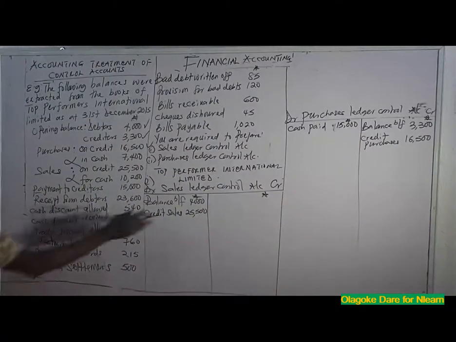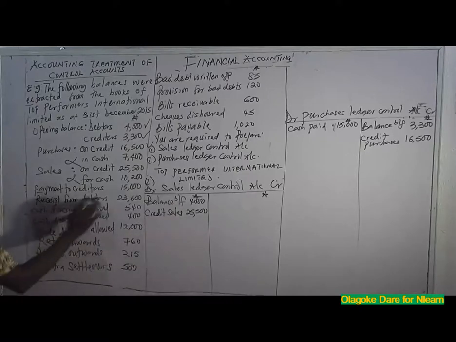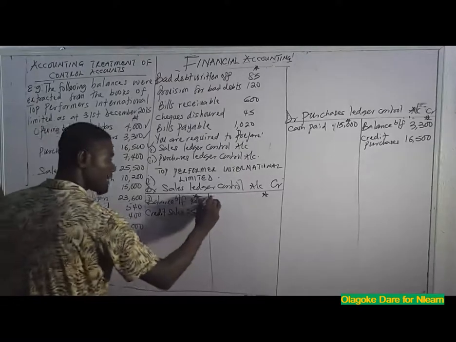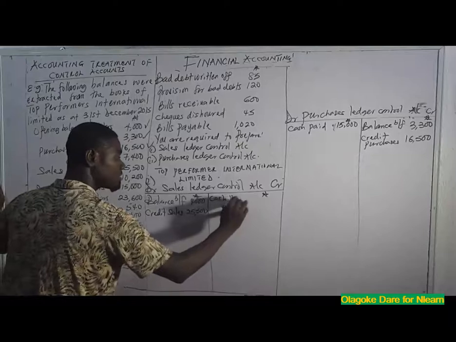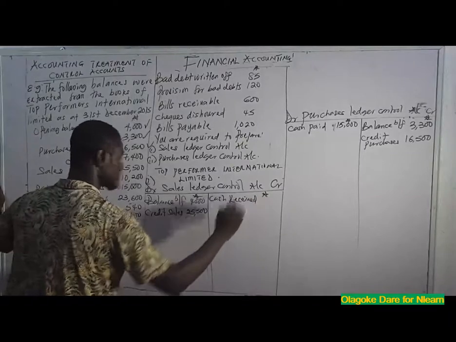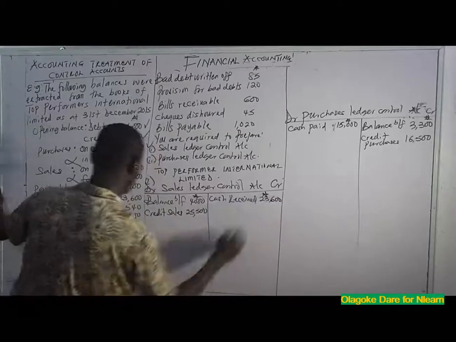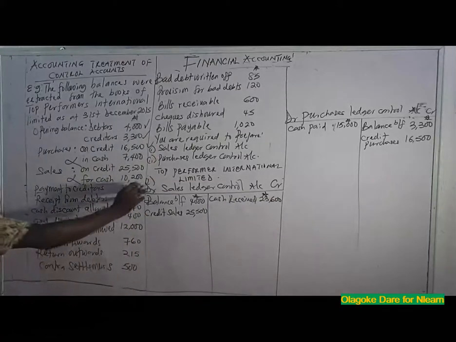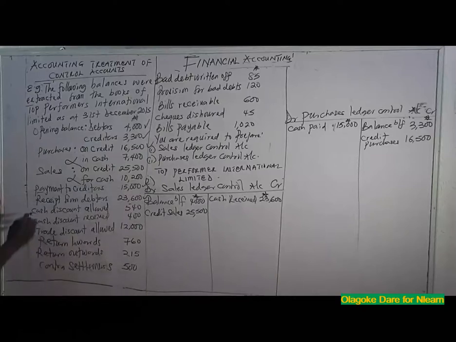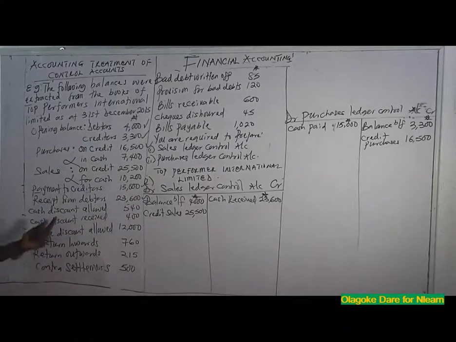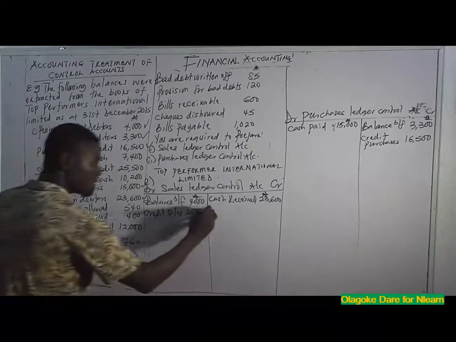Receipt from debtors. You can see it has to do with debtors, control accounts. It will reduce the debt. It will be here. Cash received. The value is 23,600. Cash discounts allowed. Discount allowed will reduce the debt.